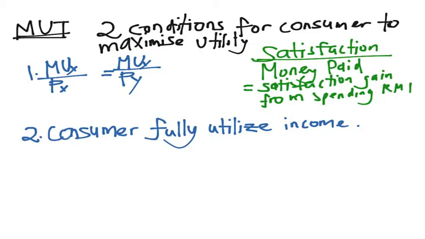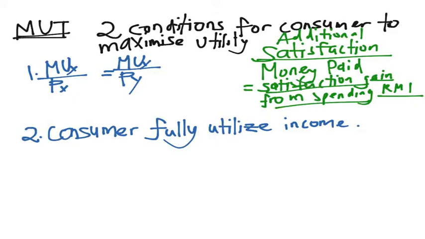Okay? Before we look into the details of what this formula means, let's just see what MU over P means. As you know, utility is the satisfaction, right? So MU is just what we mean by the additional satisfaction. So MU over P actually just means the additional satisfaction divided by the money that you pay. In other words, it's just the satisfaction that you gain from spending 1 ringgit.